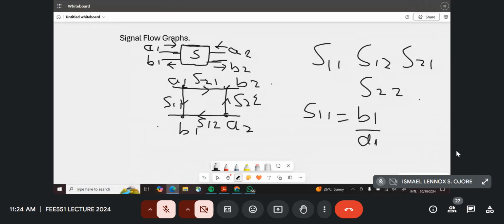So using that knowledge, S12 will be B2 over, B1, sorry, over A2.